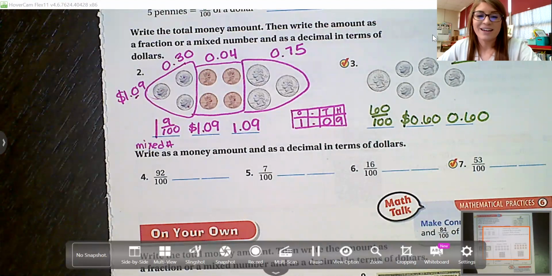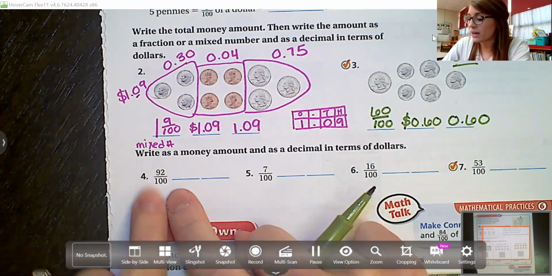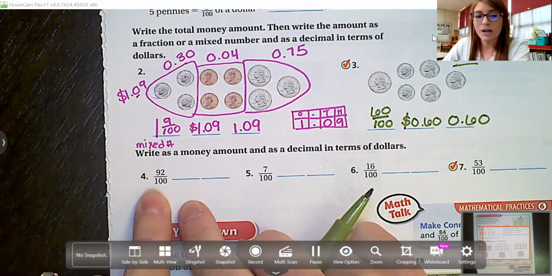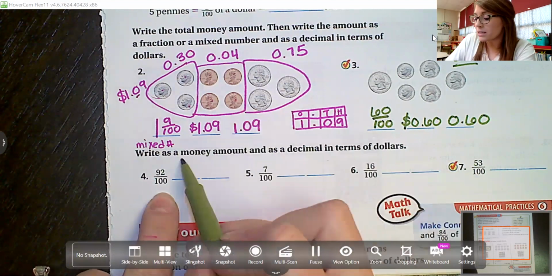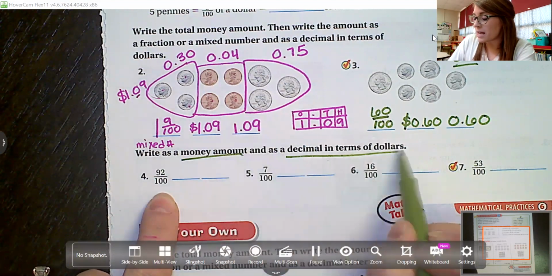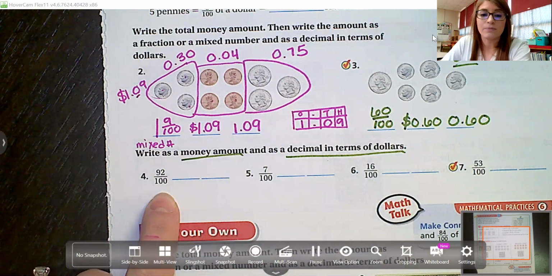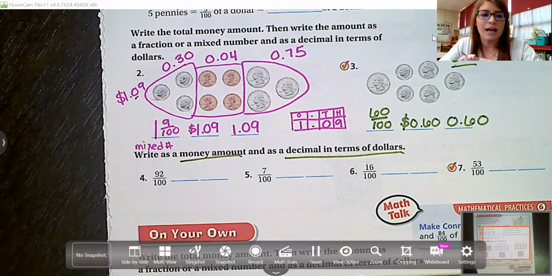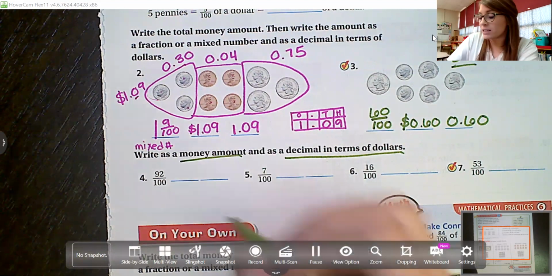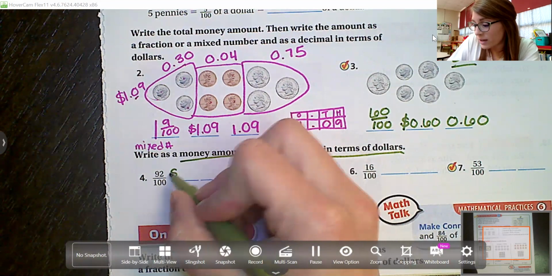Very good. Let's go down here. They've already given us 92 hundredths as a fraction. Now they want it as a money amount and as a decimal in terms of dollars. What would 92 hundredths look like as a money amount? Yeah, very good. It's got to have that dollar sign in front of it.